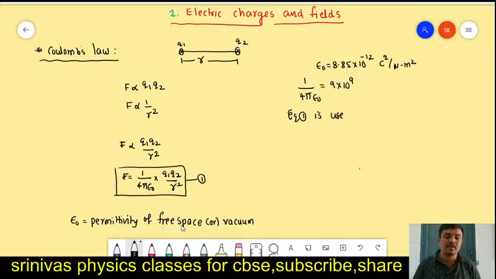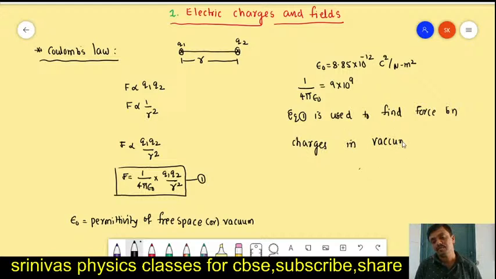Epsilon naught is the permittivity of free space. Equation 1 is used to find the force between charges in vacuum or free space.